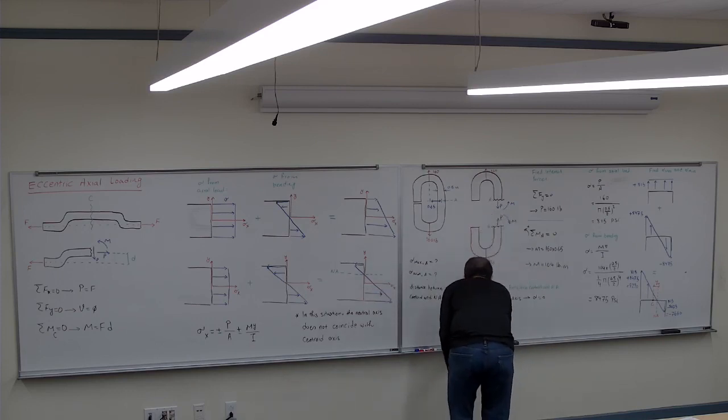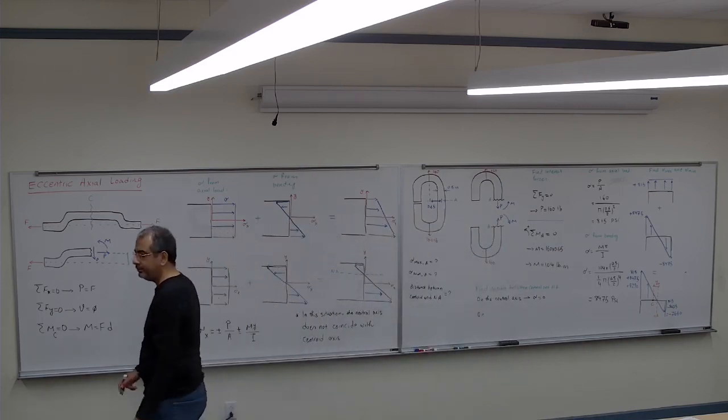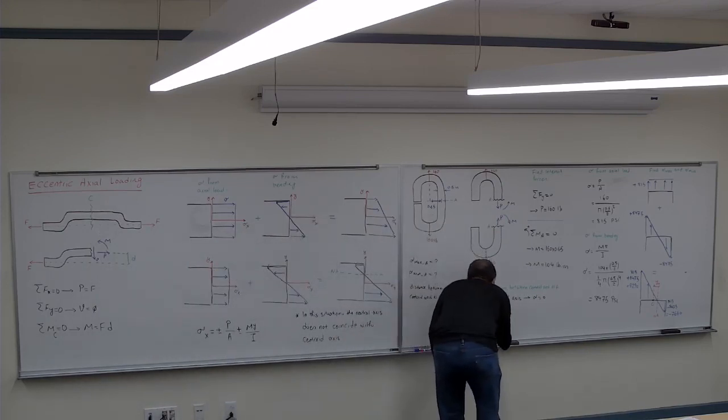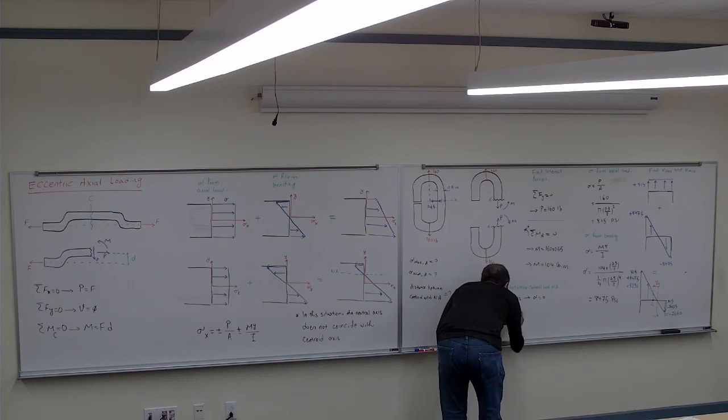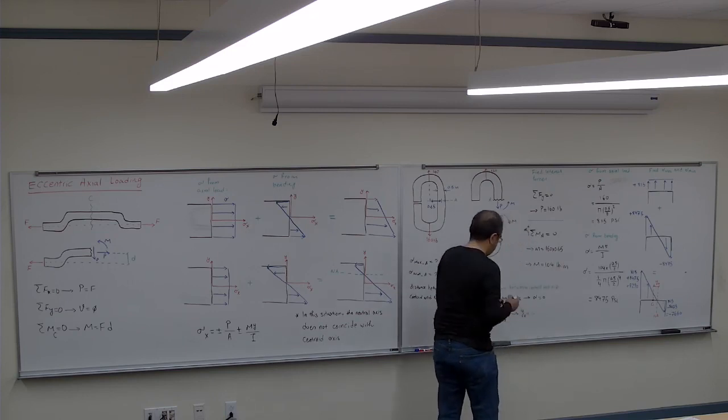I'm going to say that 0 is equal to P divided by area plus minus My divided by I. And if you solve it, it will give you the line to solve that equation.